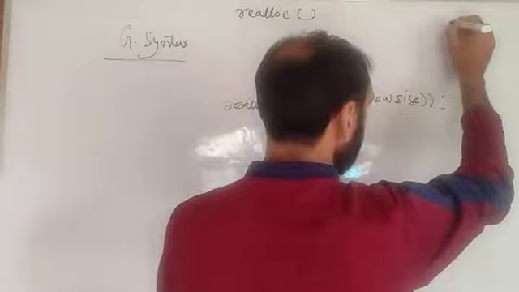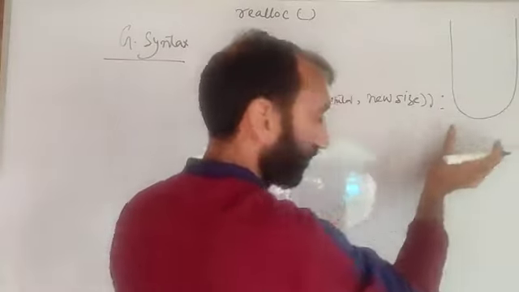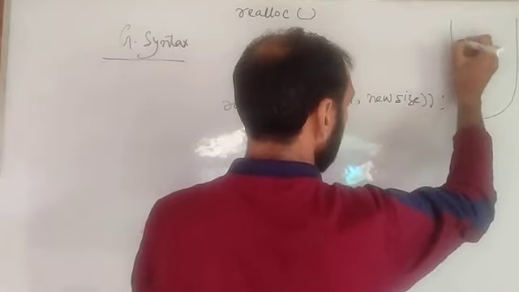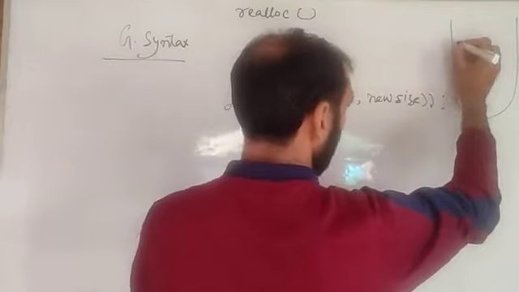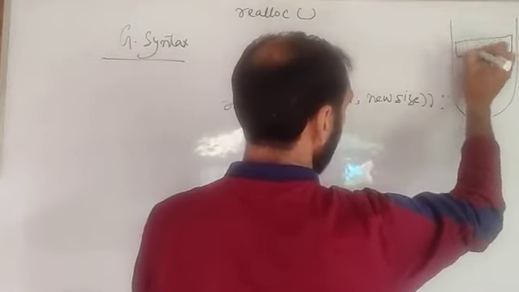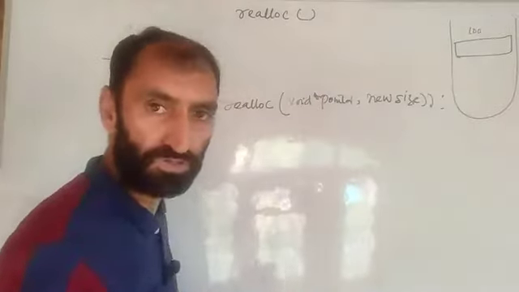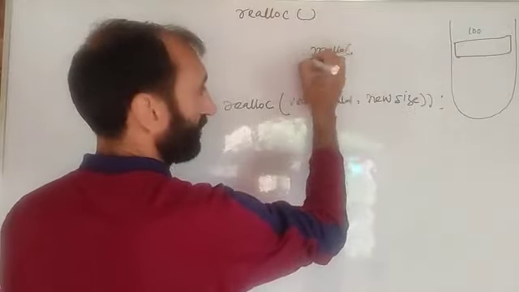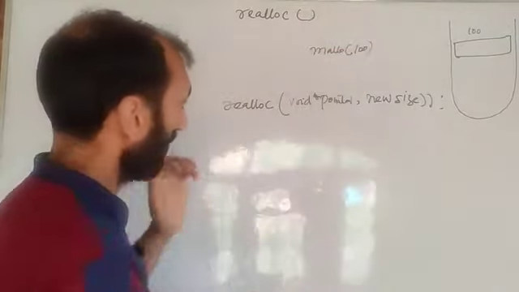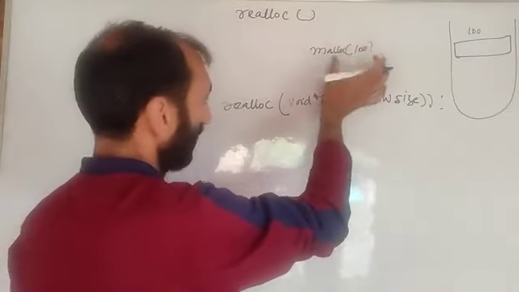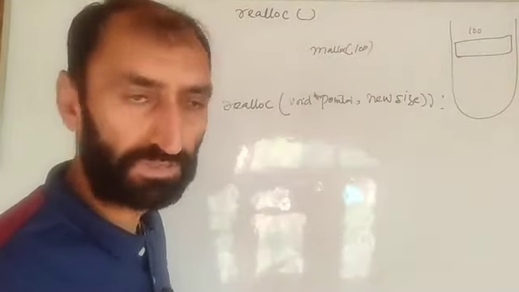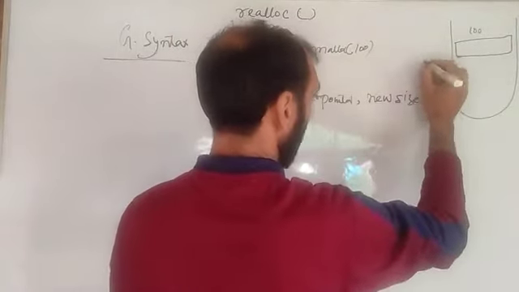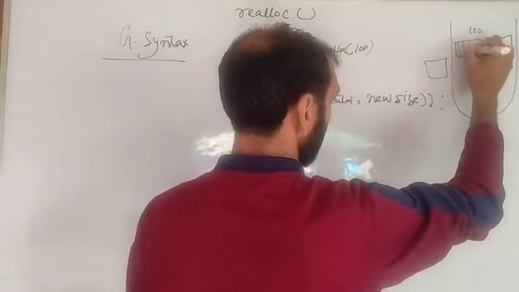For example, this is our heap portion, and previously by using the malloc function I have allocated memory. I requested memory of 100 bytes, so I write malloc(100). This is a block of 100 bytes: first byte, second byte, third byte, fourth byte.